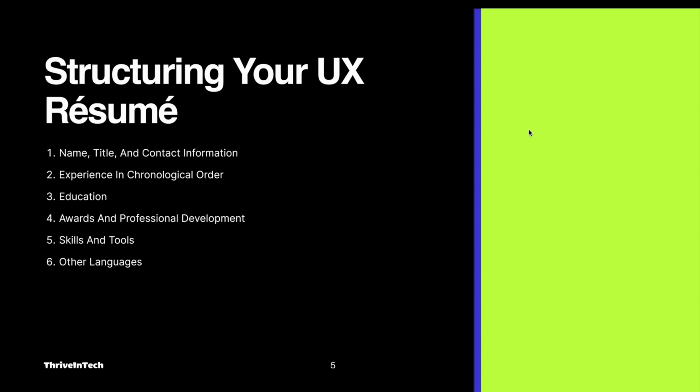So the first thing you need to make sure you have in your UX resume is your name, boldly written, your title, that is UX designer, product designer, UX researcher, depending on your title, and contact information.